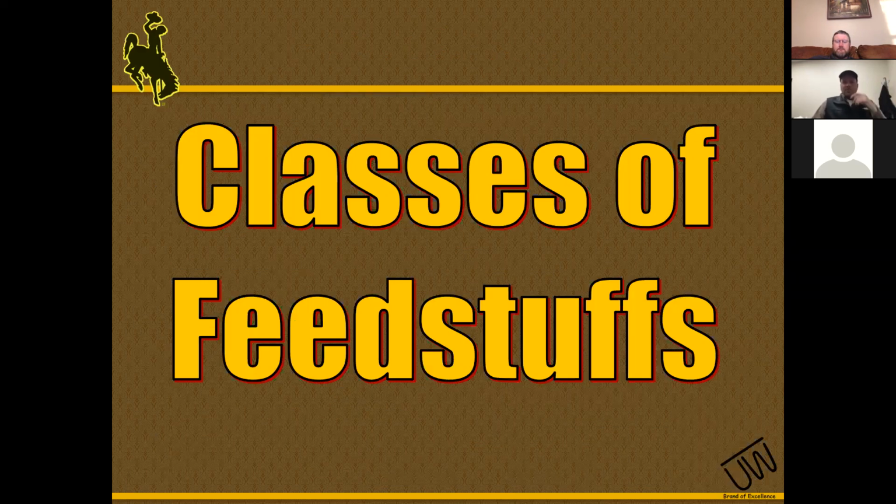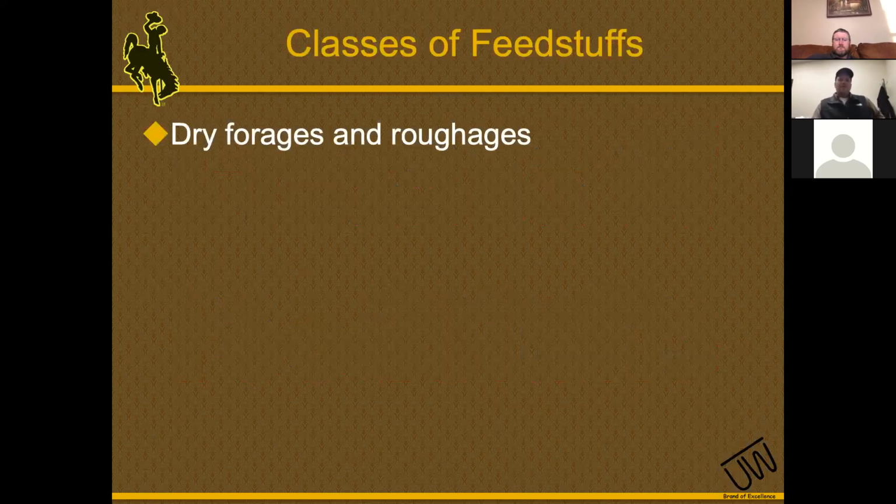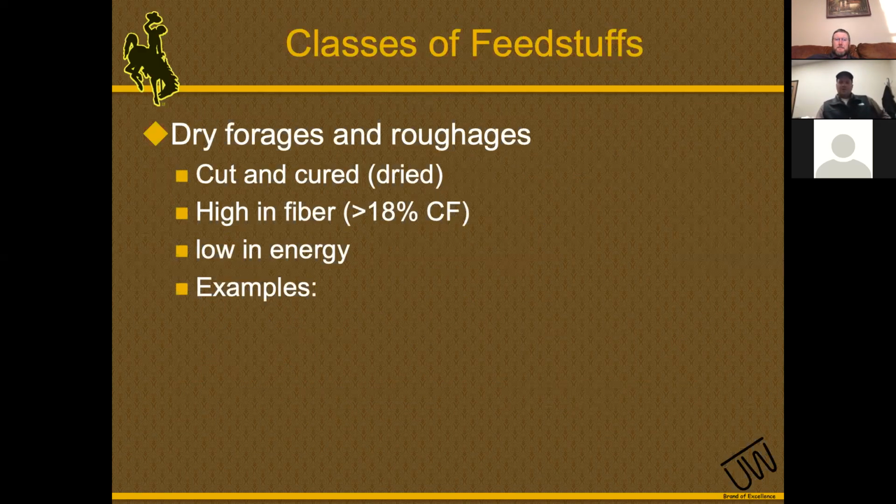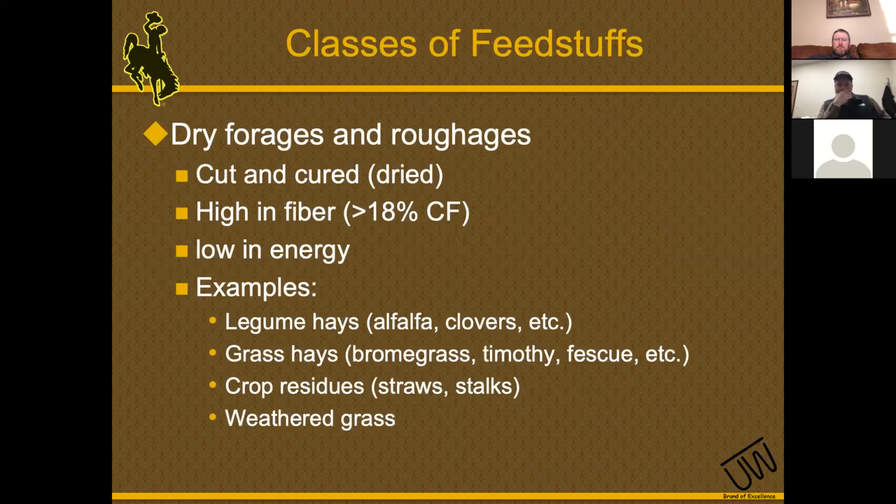So let's work through a few examples of the different classes of feedstuffs that we have. To start with, dry forages, roughages. Dry forages, we're talking about hay, basically, especially in this country, where we cut it, cure it, and store it.